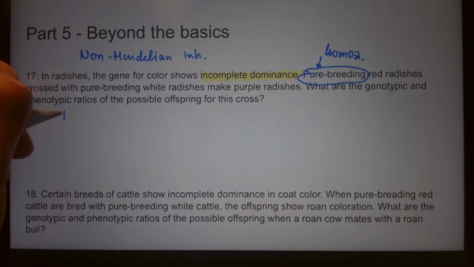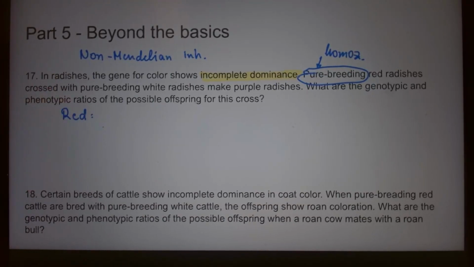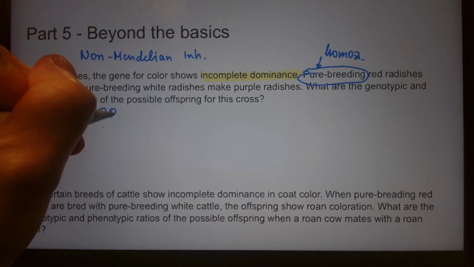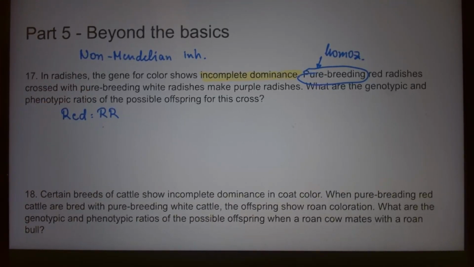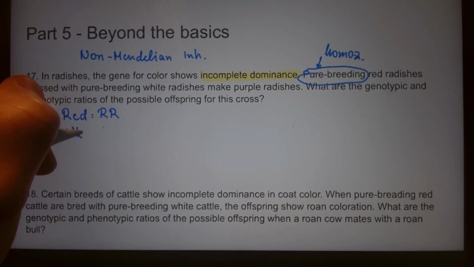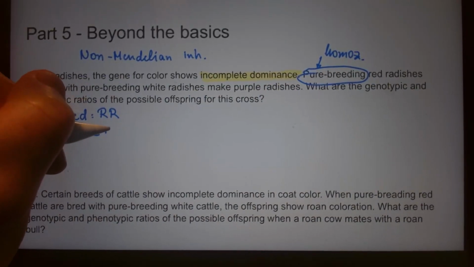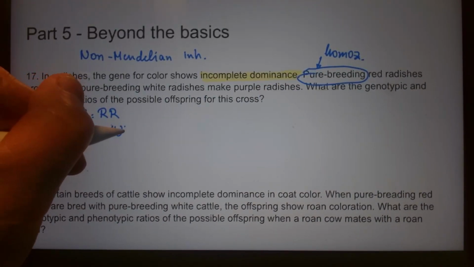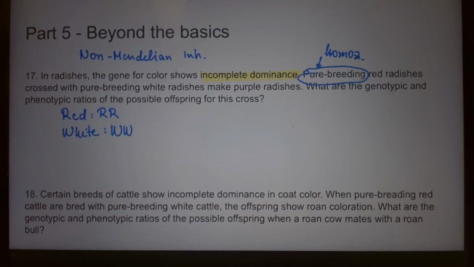So the red radishes at this point are going to contain alleles, either capital R's or lowercase r's. It doesn't really matter, because at this point there's no dominant or recessive allele. Both of the alleles are going to be present in heterozygous organisms, and the white radish contains capital or lowercase w's.